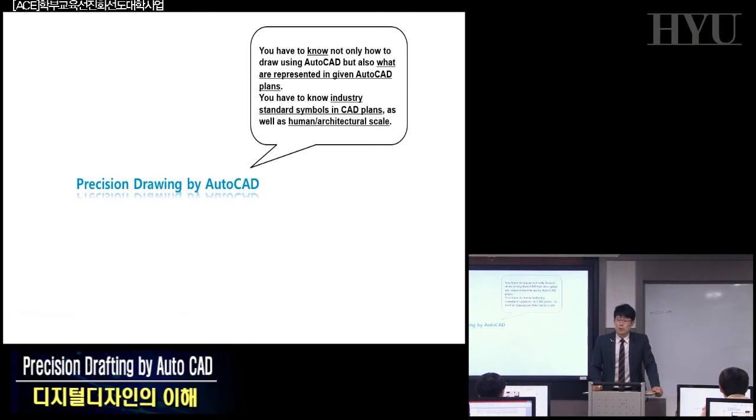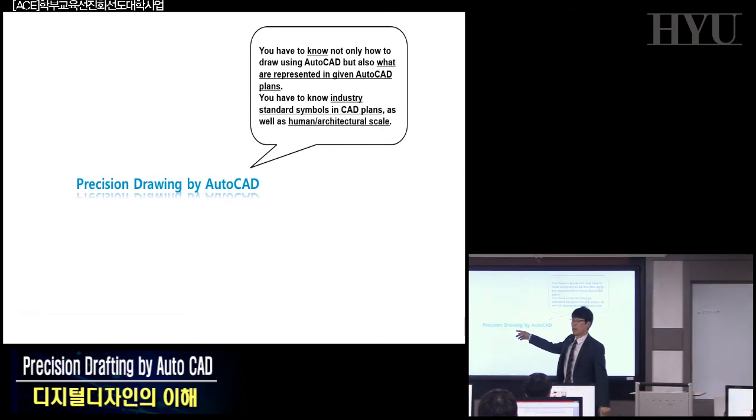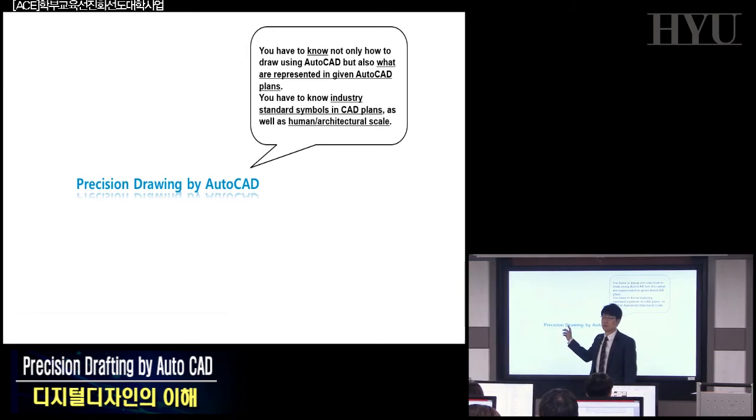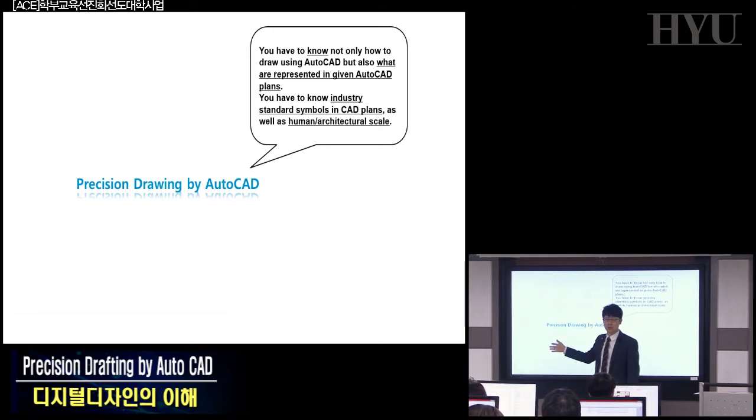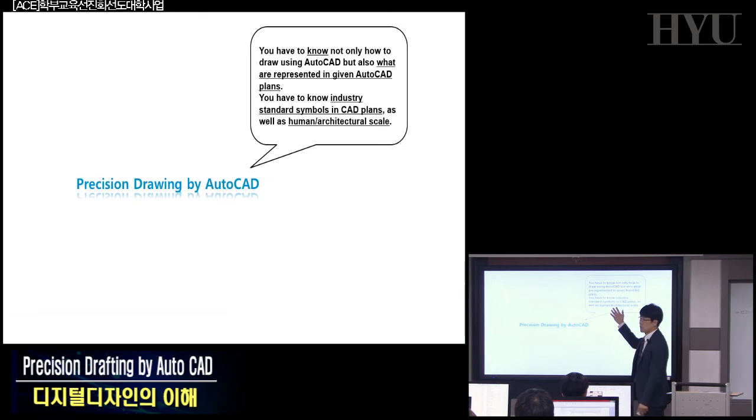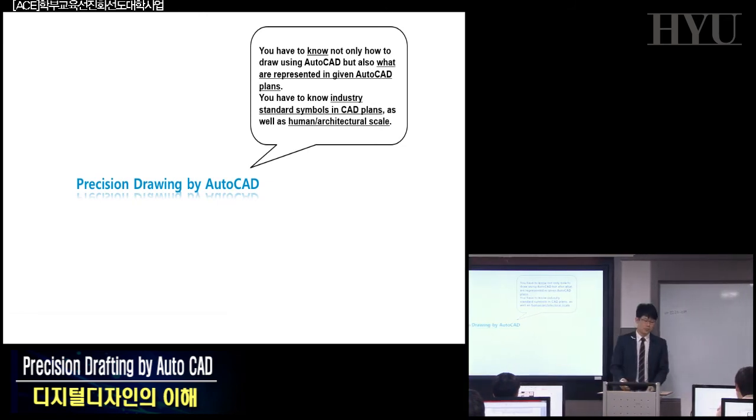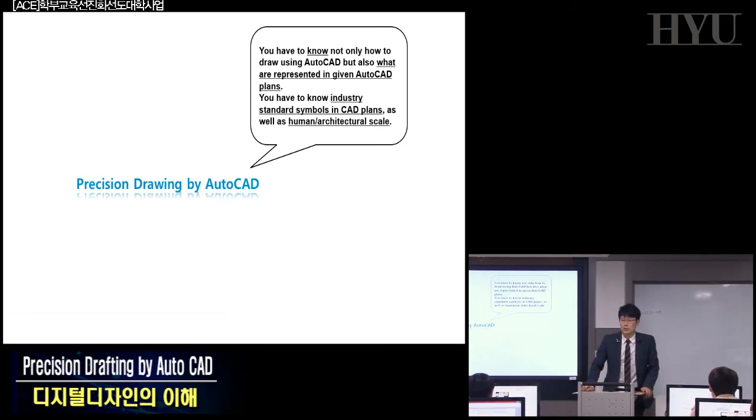You have to know human scale, including architectural proportional scale. Vitruvian Man, the man drawn by Leonardo da Vinci, defines human scale. So when you are drawing something by using AutoCAD, you have to know the concept of scale, dimension, okay?